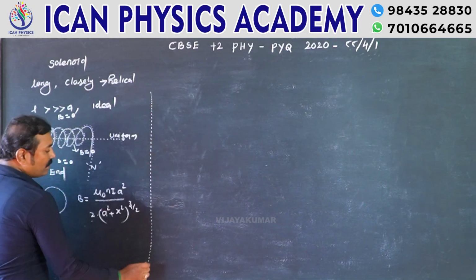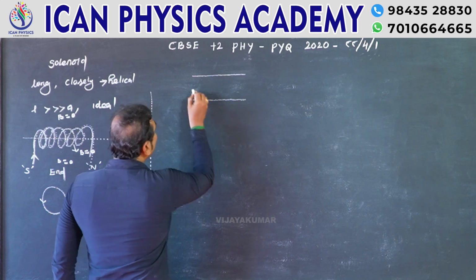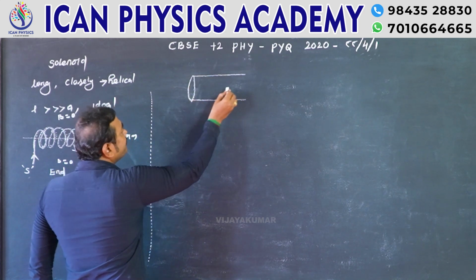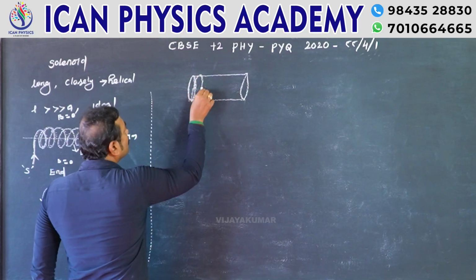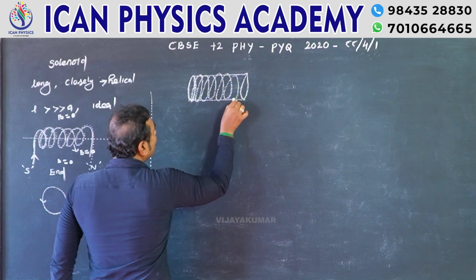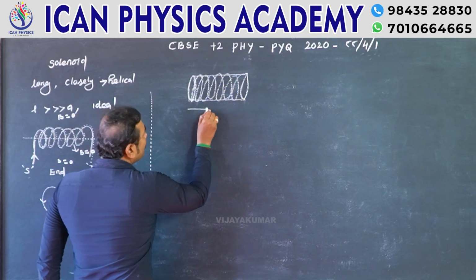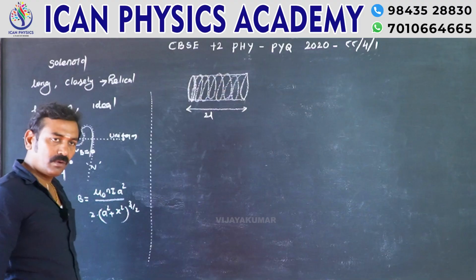Okay. So, for that solenoid, let us consider the diagram. So, this may be the solenoid of a large number of turns. It acts as a bar magnet. So, the length of the bar magnet can be taken as 2L. Okay.